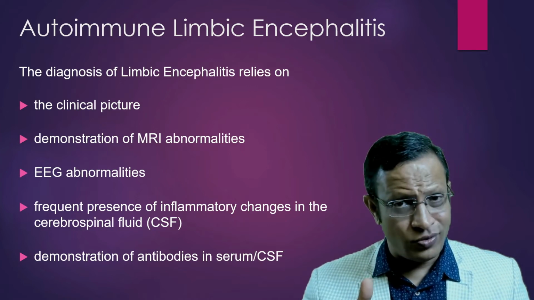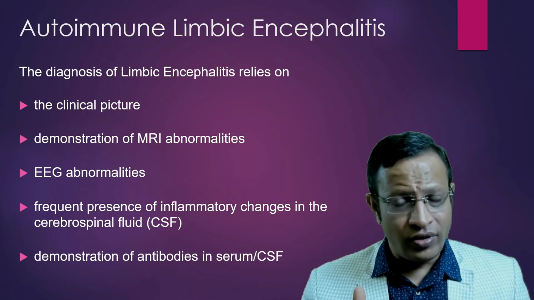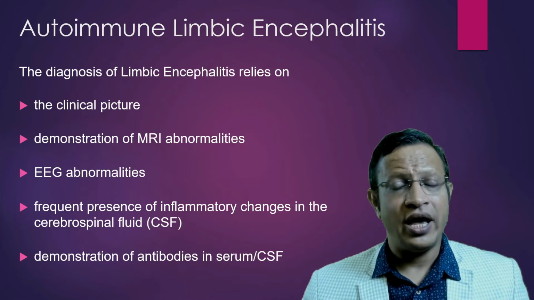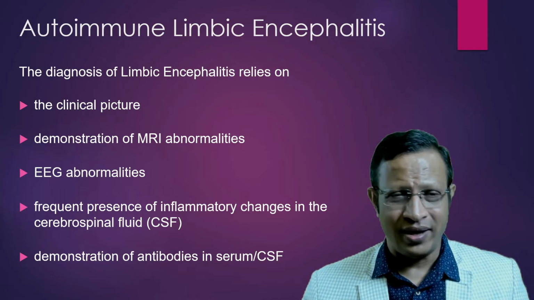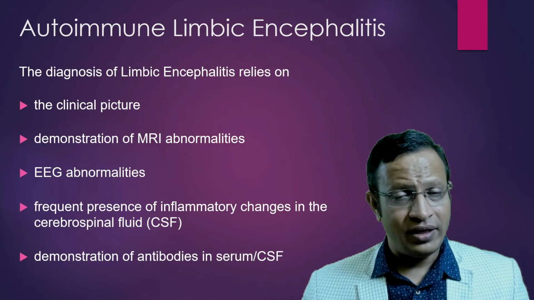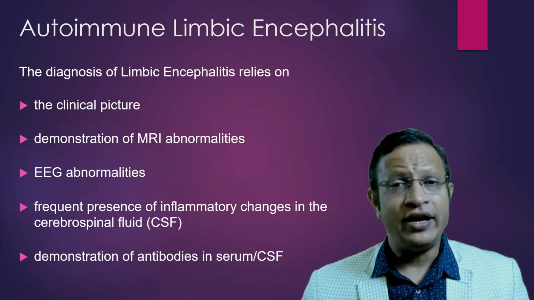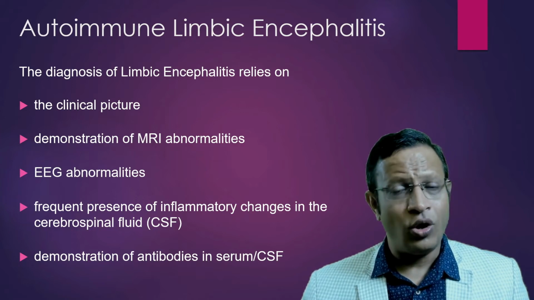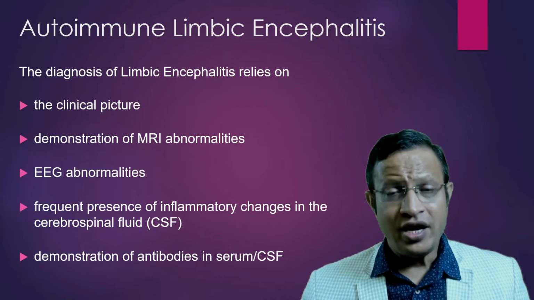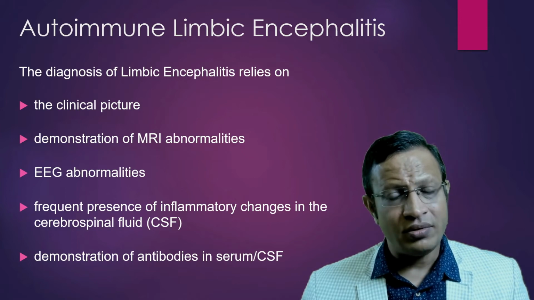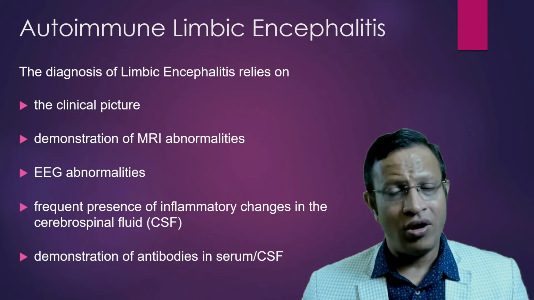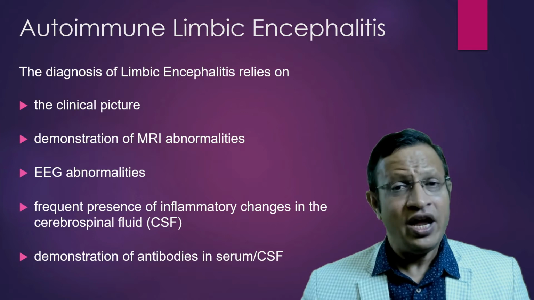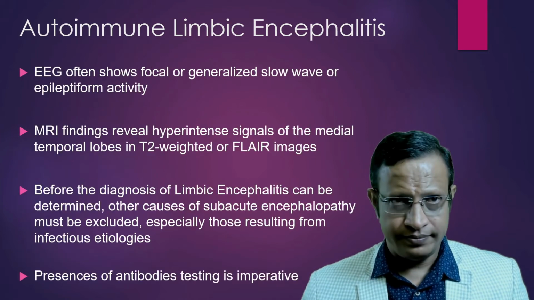The first and foremost is history. Second one is demonstration of abnormalities, especially in MRI, along with EEG abnormalities and also CSF analysis. Along with that, we need to demonstrate antibodies either in serum or in cerebrospinal fluid. If it is there in both, it is also well and good.